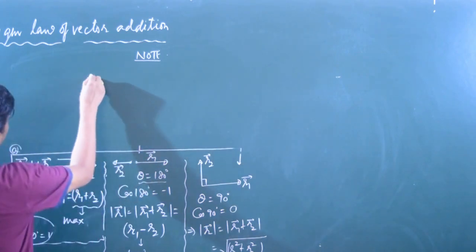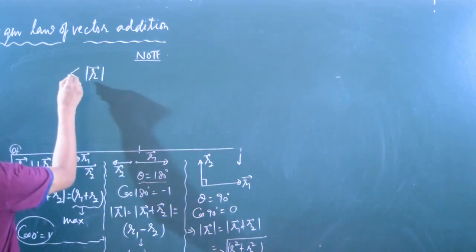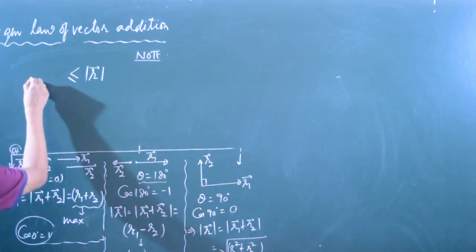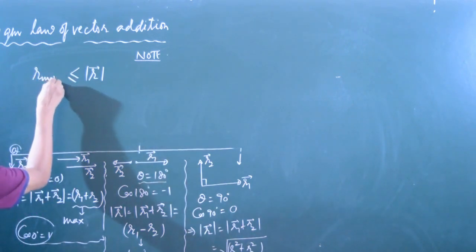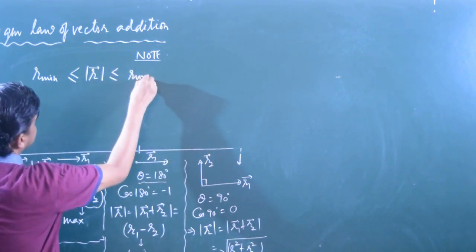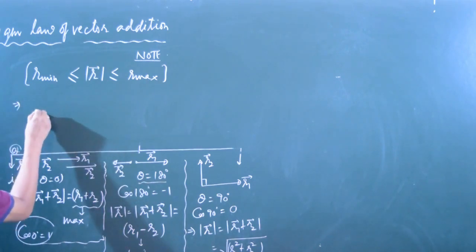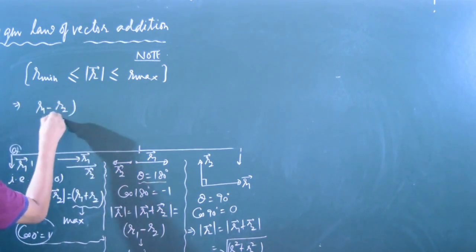The resultant of the two vectors, mod of the resultant, is always greater than or equal to the minimum value and less than or equal to what? The maximum value. Okay, that means R minimum is R1 minus R2.